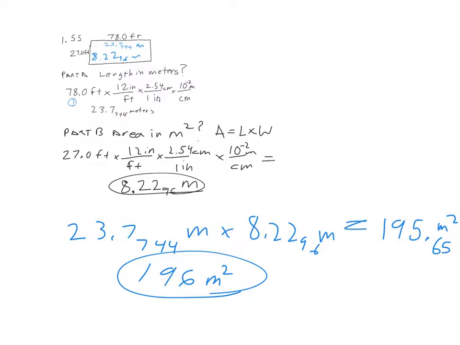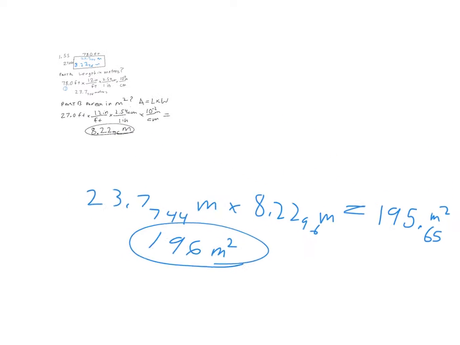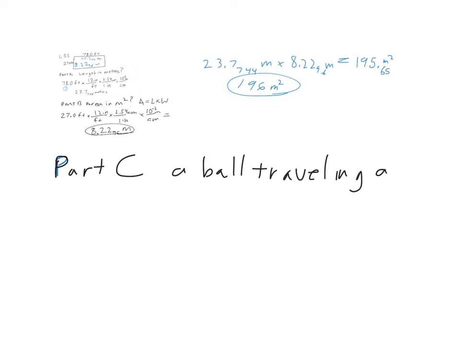And then the last one, part C. In part C, and everyone's part C will be a little bit different depending on how fast the ball's going. In part C, they say that you have a ball traveling at 185 kilometers per hour.